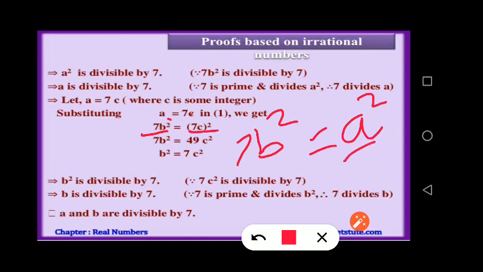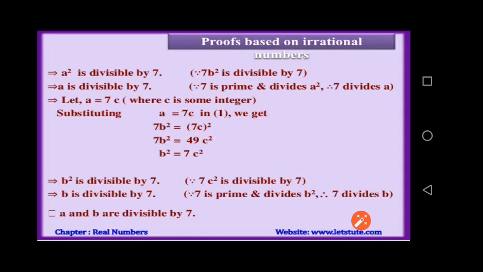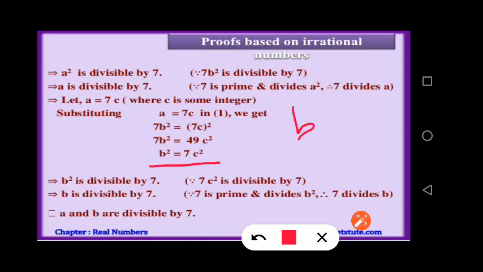So we get 7b square is equal to 49c square. And then by doing the calculation, we get b square is equal to 7c square. Again the same process. b square is equal to 7c square, which means b square by 7 is equal to c square.